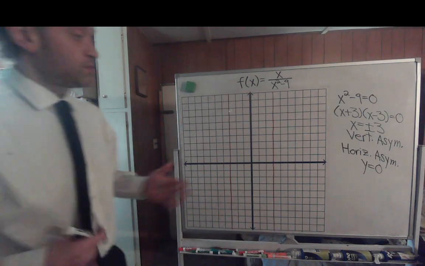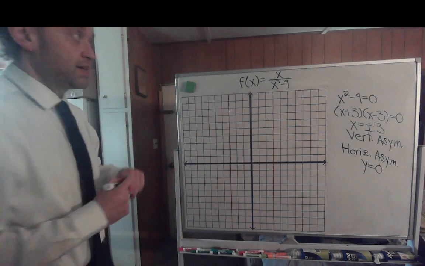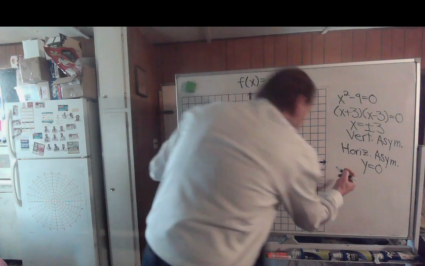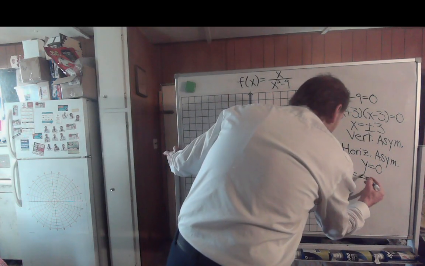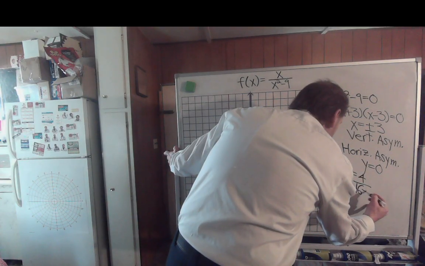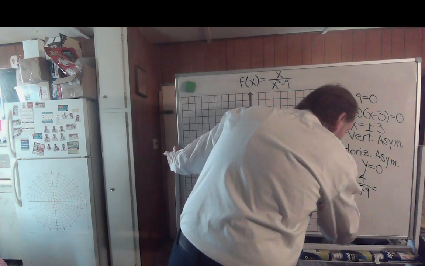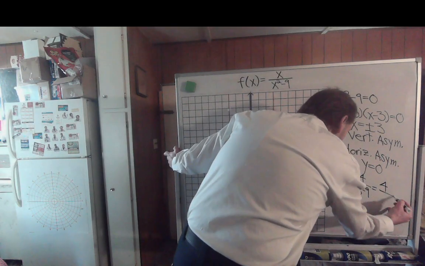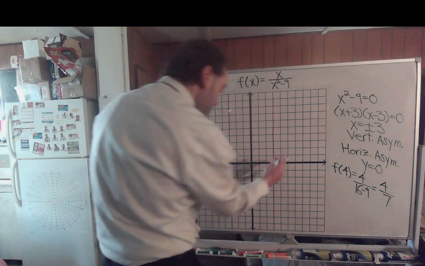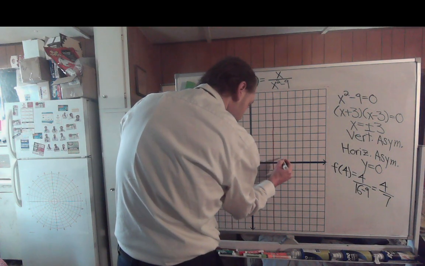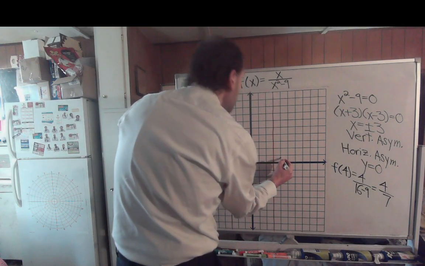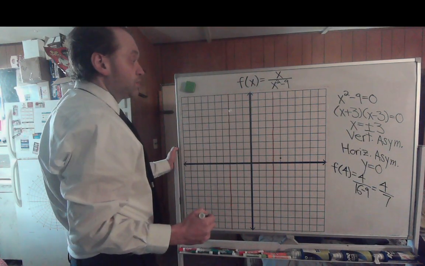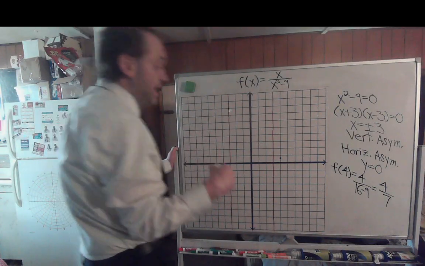Let's start to the right of x equals 3 when x equals 4. So let's do f of 4. What's that going to give us? Well, that would give us 4 over 16 minus 9, which would equal 4/7. So at 4, we get 4/7, which is a little over half. Alright, what about when we have 5?